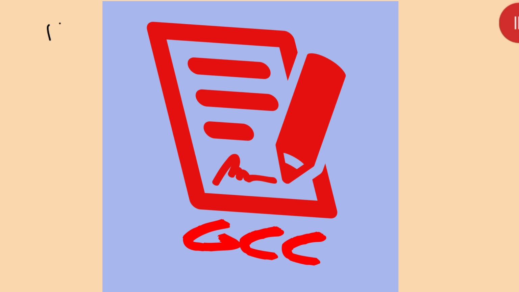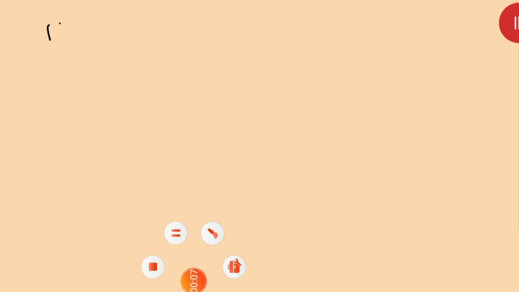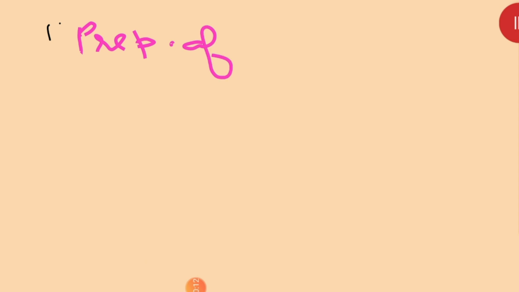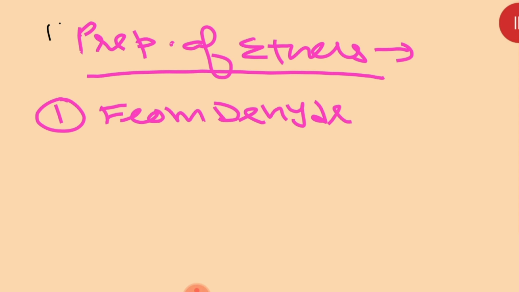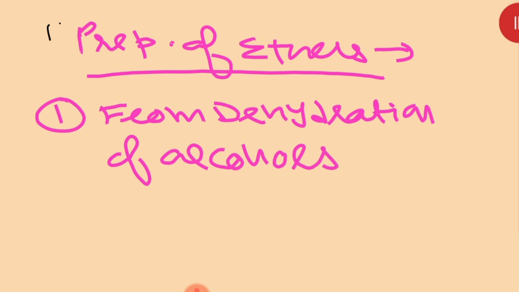So now we are going to do the preparation of the ethers. Okay, what to do there, beta? We are going to start with the preparation of ethers. Whenever we are doing the preparation of ethers, number one is dehydration of alcohols.